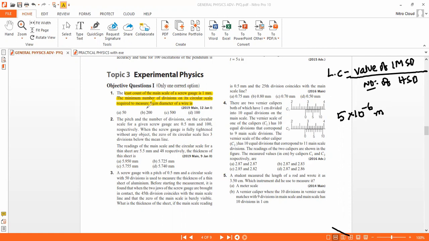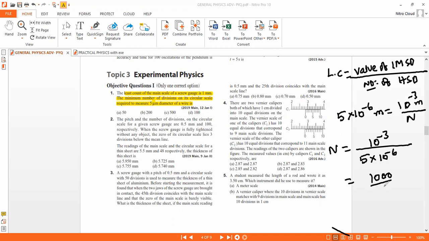Micro means 10 power minus 6. They gave the value of one main scale division as 1 mm, that is 10 power minus 3 meter, divided by the number of divisions. So n is equal to 10 power minus 3 upon 5 times 10 power minus 6, which is 1000 by 5, that is 200.